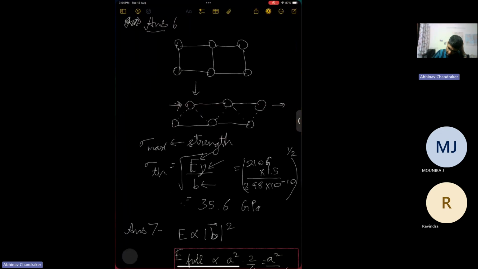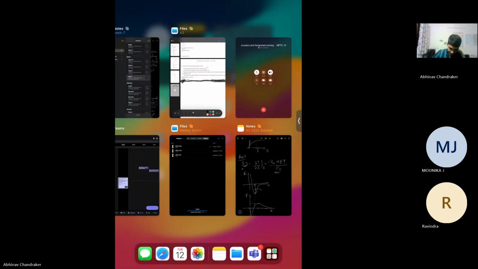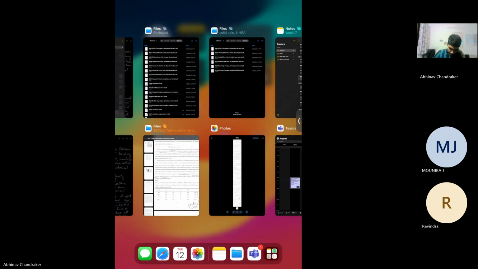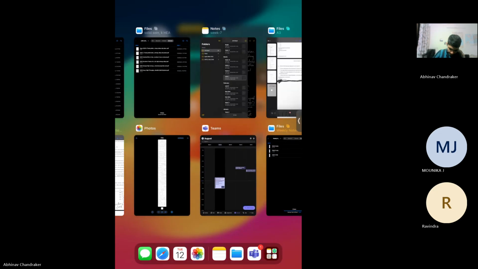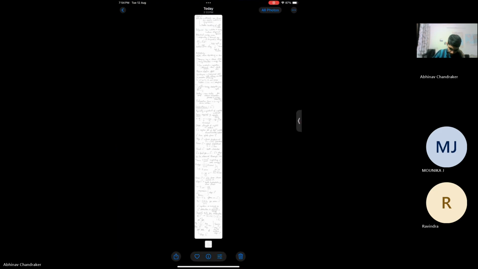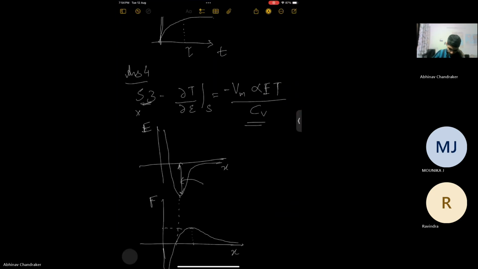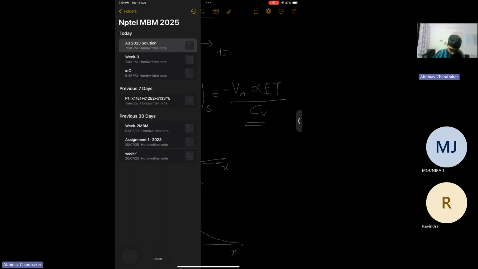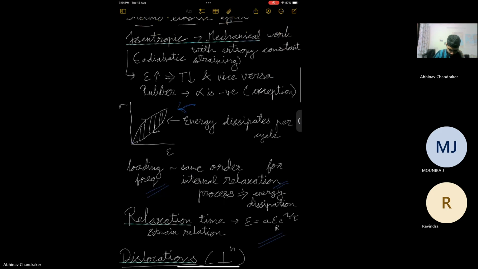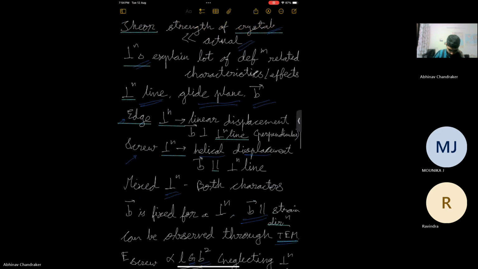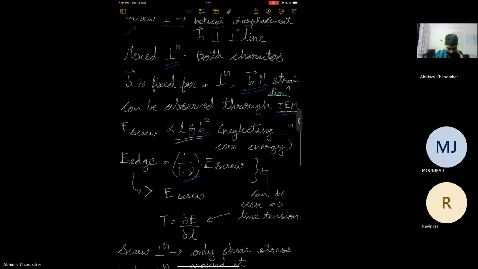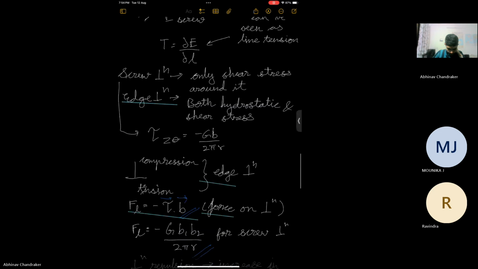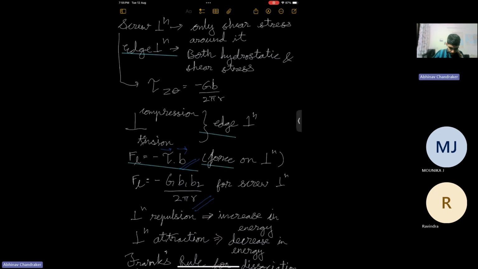Let me just quickly check if I have written it in my summary. Maybe I haven't. Tau equals minus Gb by 2 pi r.